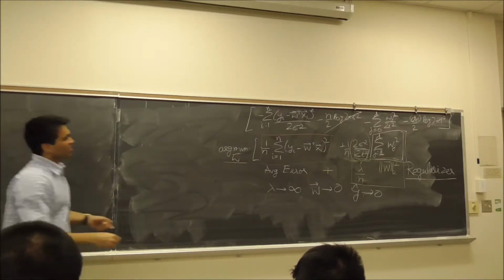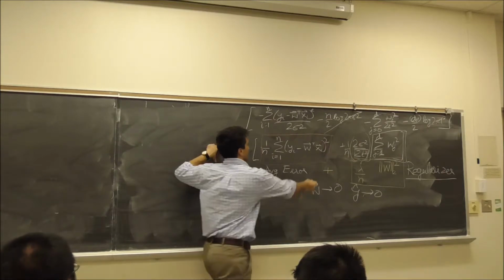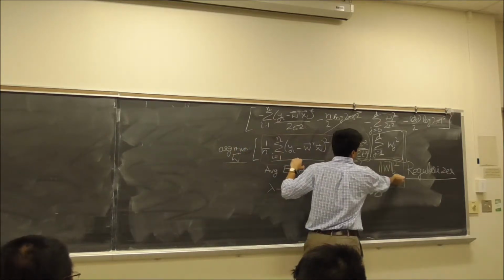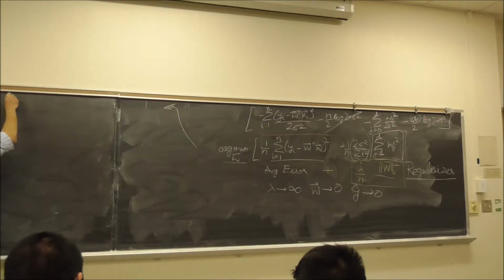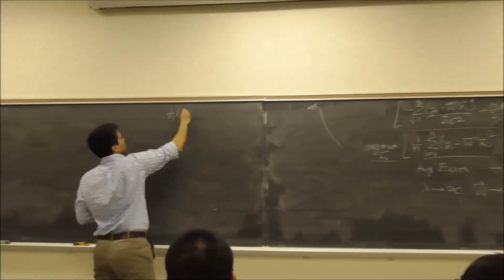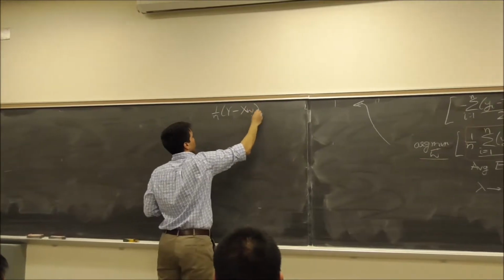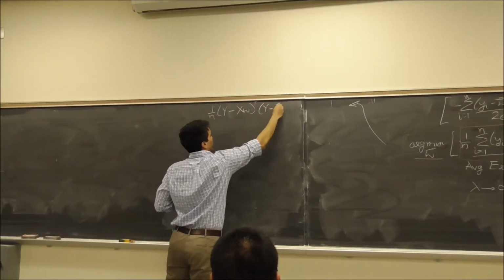Okay. So here's the equation we want to solve. There's some loss term plus some lambda times the weight vector. We had already written this part out as 1 over n times y minus xw transpose times y minus xw.